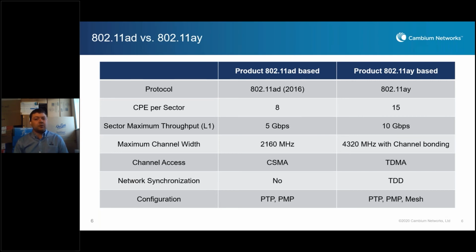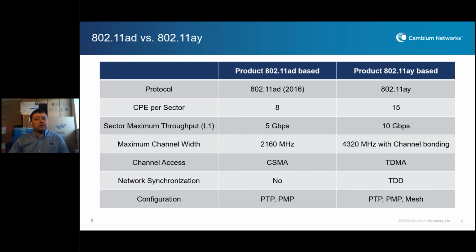So .11ay is a totally different standard, much like .11n is different to .11ax. .11ay offers better performance, deployment options, and efficiency factors, from the amount of CPUs per sector, higher throughput, and the ability to use TDMA, which is time division multiple access, along with TDD, which stands for time division duplex, as opposed to CSMA/CA, which is carrier sense multiple access with collision avoidance.